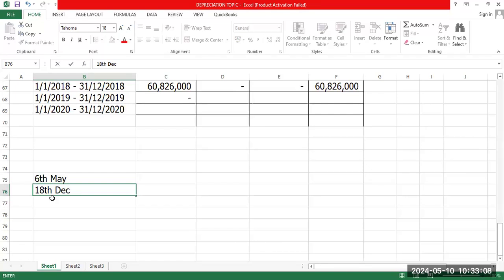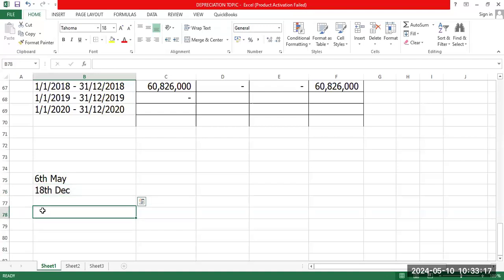If you're not using full month depreciation and you're just using time apportionment, then you count days from 1st January up to this date. The actual date you don't count. Is it clear?